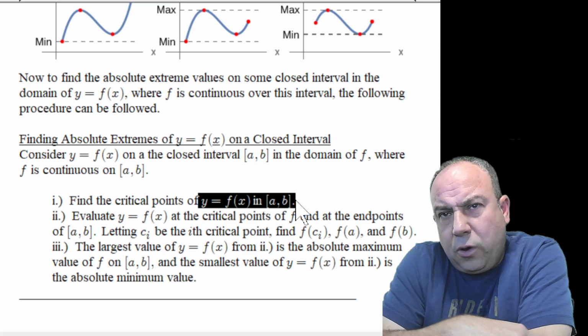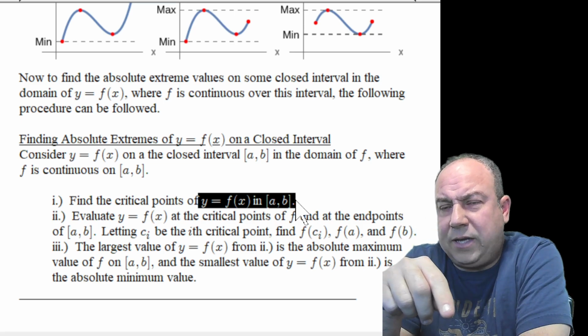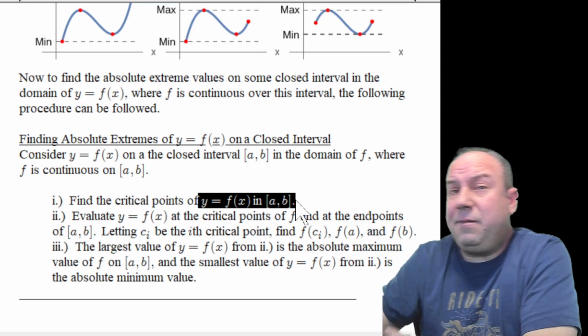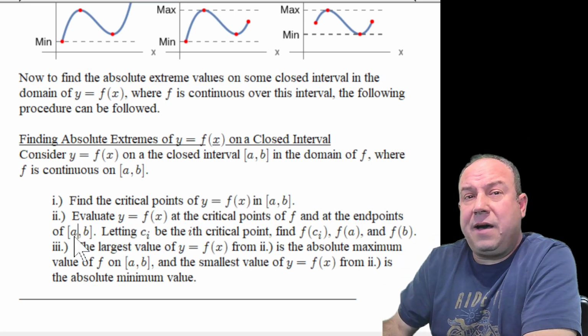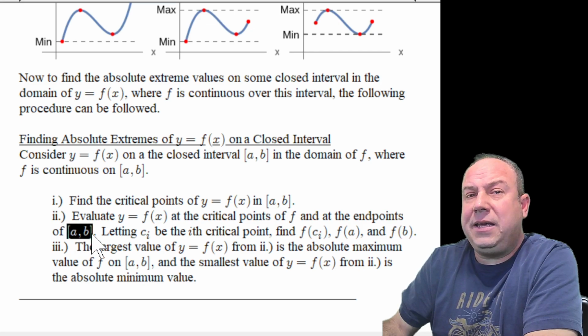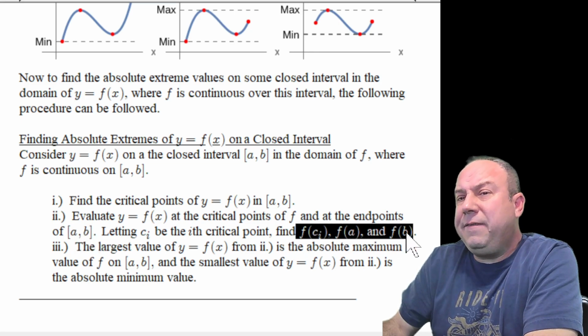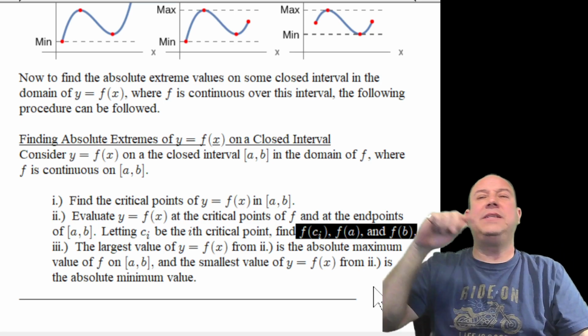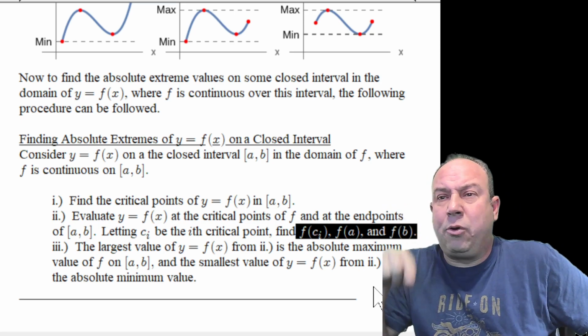What you're then going to do with those critical points and with the endpoints from the values a and b is you're going to evaluate your function f at each of those critical points and at those endpoints of a and b.